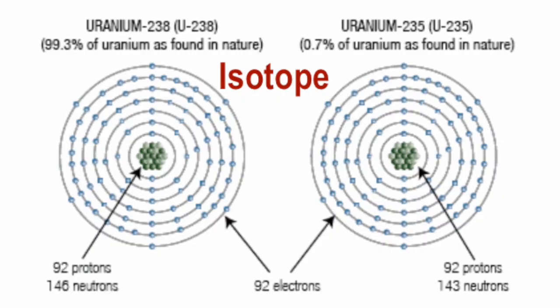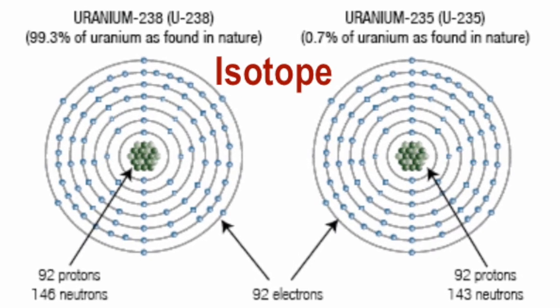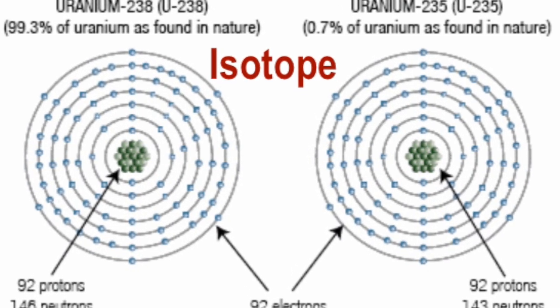The difference between these is the atomic mass. One is a little bit heavier, the other one is lighter. So this is how uranium 235 and 238 are found. We call these isotopes. Now let us get back to uranium enrichment.